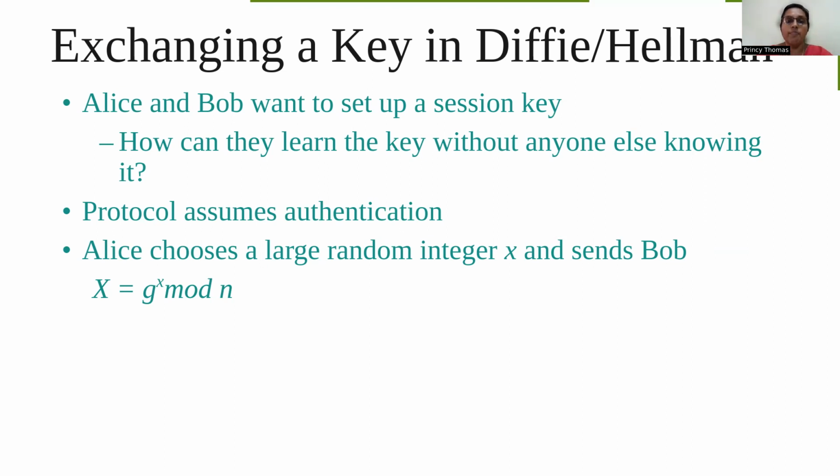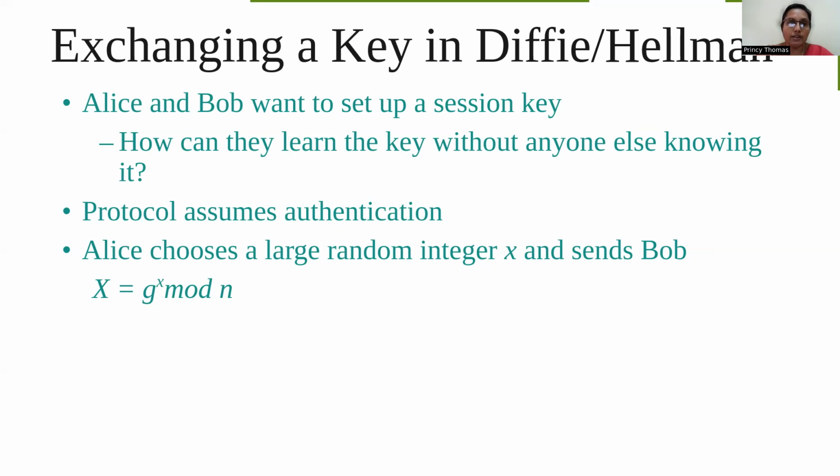Alice and Bob both know n and g, and it is not a secret. Everybody knows n and g. When Alice and Bob want to set up a session, Alice chooses a large random integer x.